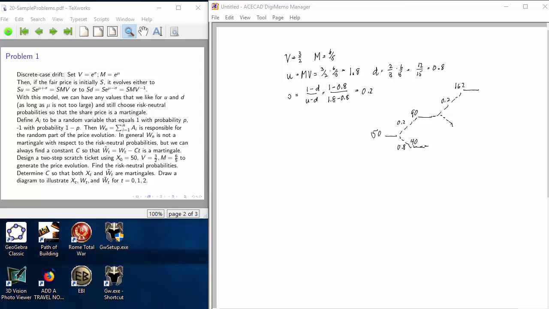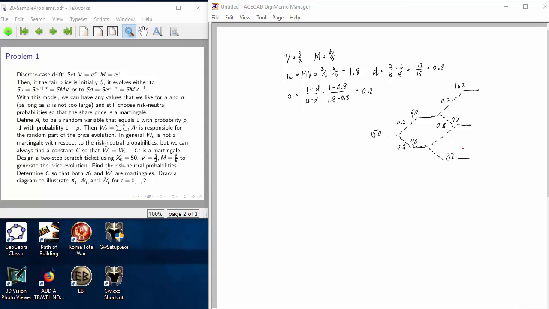With a larger probability of 0.8, it drops down to 72. And from 40, it can either rise to 72 or plunge further to 32. So this is a much more consistent sort of scratch ticket than we were using earlier, because the same thing happens at every node at every stage.